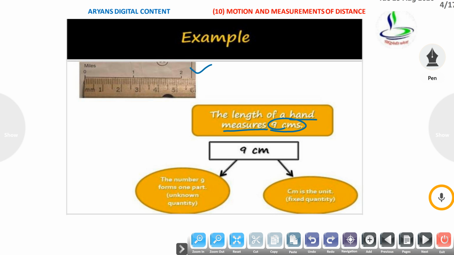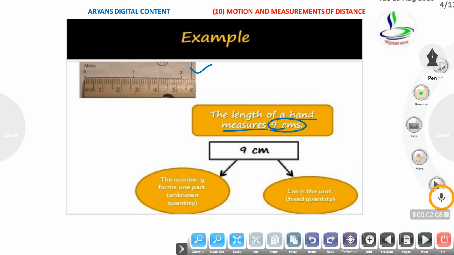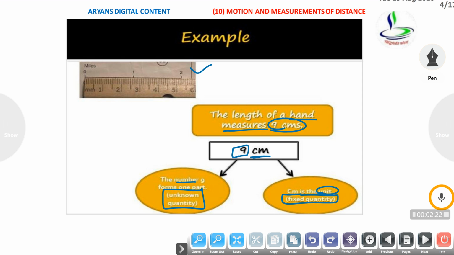We measure with the scale and find that our hand covers 9 centimeter. Here 9 is a number, that is an unknown quantity, and centimeter is a unit, that is a fixed quantity.